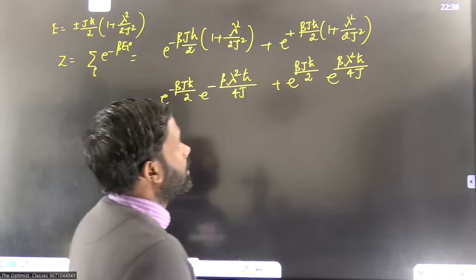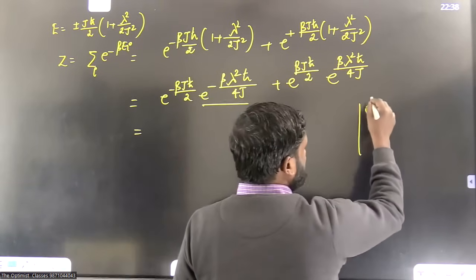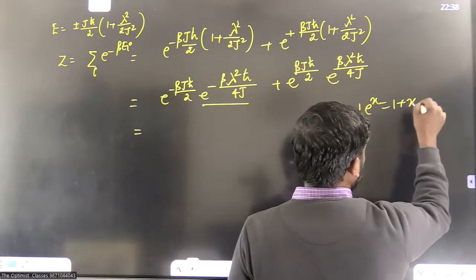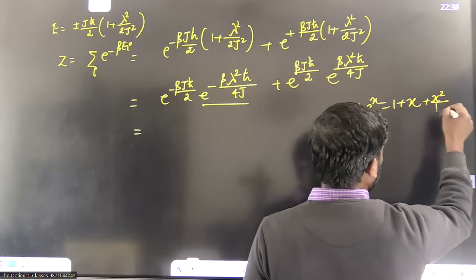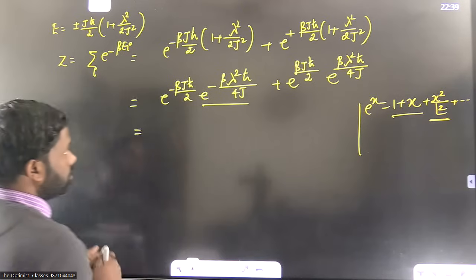Okay. So now here we will do its expansion. We know that the exponential can be written like this, 1 plus x plus x square by factorial 2 and so on. We are neglecting higher order terms. We are using these two terms only.